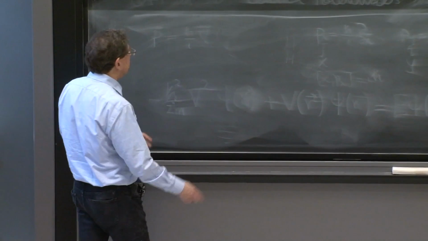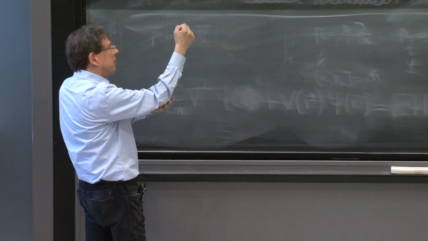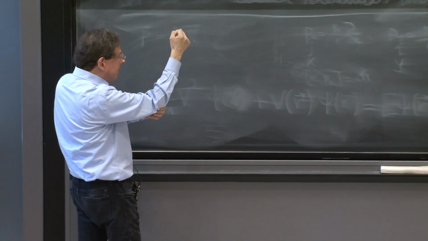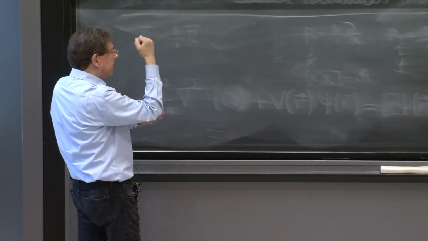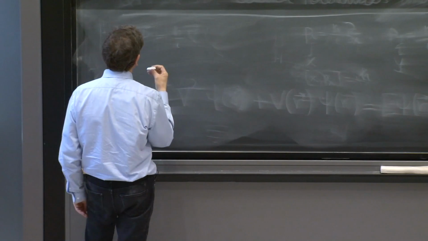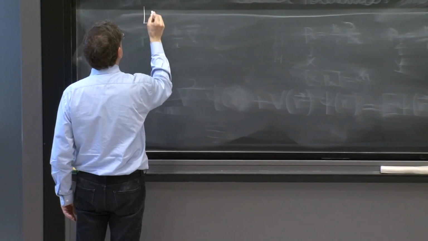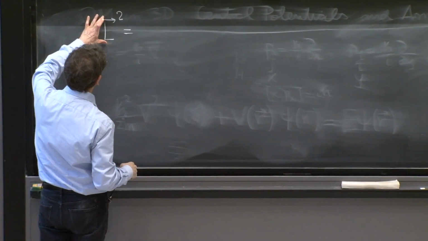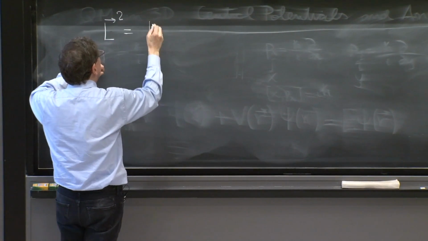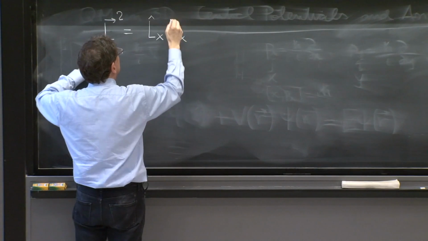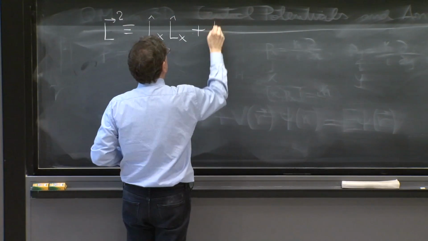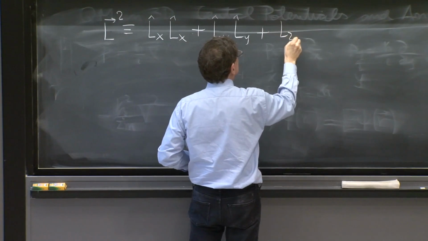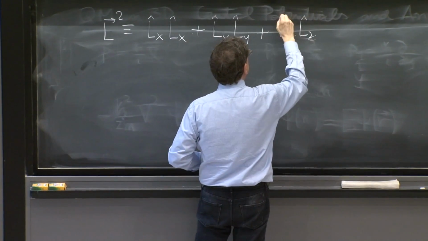Now, we said, for example, the magnitude of the vector r is invariant under rotations. You rotate the vector, but the magnitude is invariant. So we can try the operator L squared, which is proportional to the magnitude squared. So we define it to be Lx Lx plus Ly Ly plus Lz Lz.